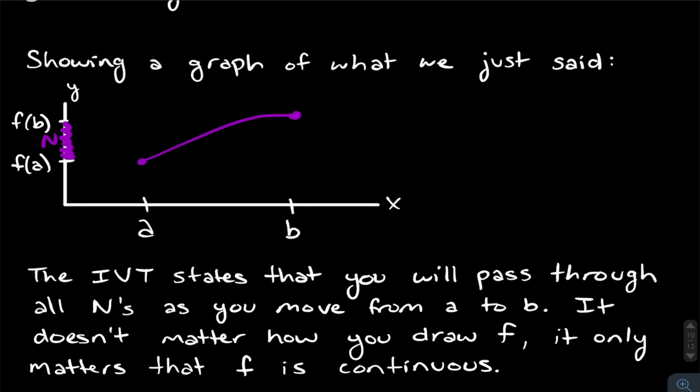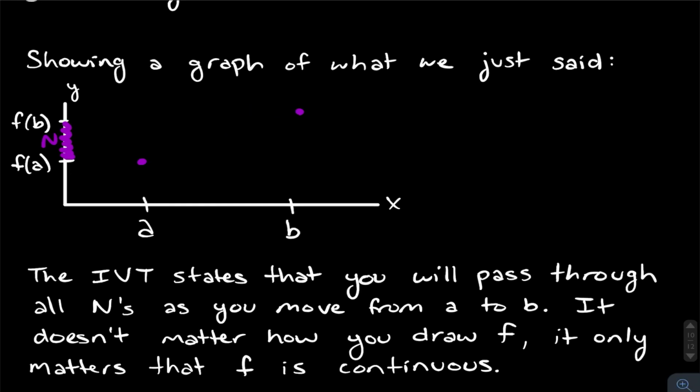That's the only thing it matters on. So you're going to pass through this entire range as you go from a to b, right? You can't have any ones where you draw f and it doesn't go through all of n, right? It has to go through.